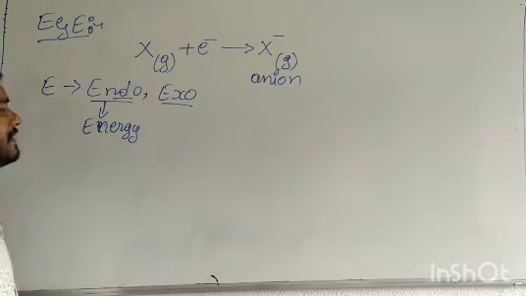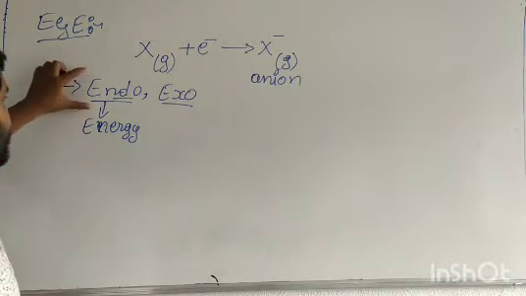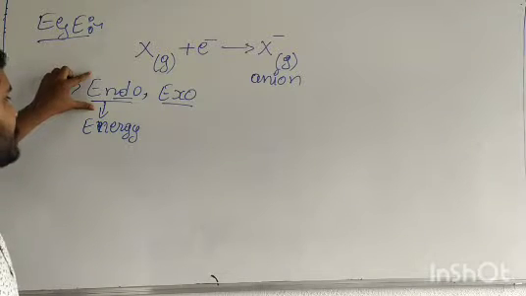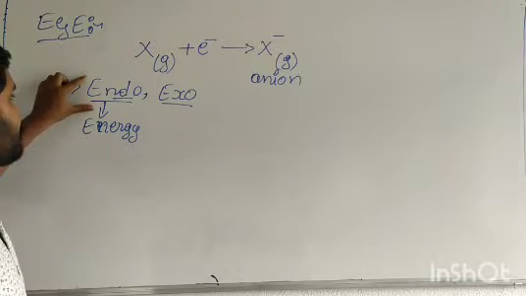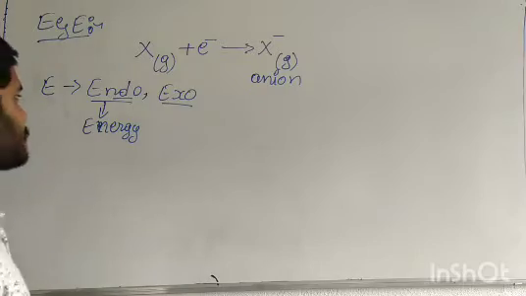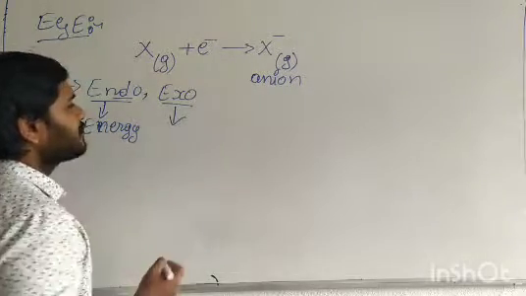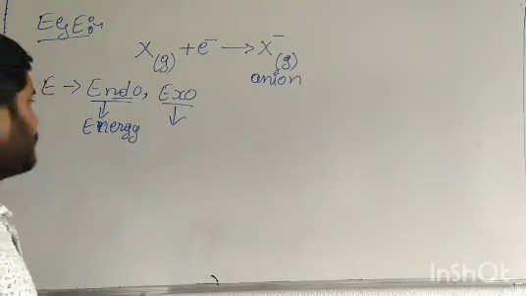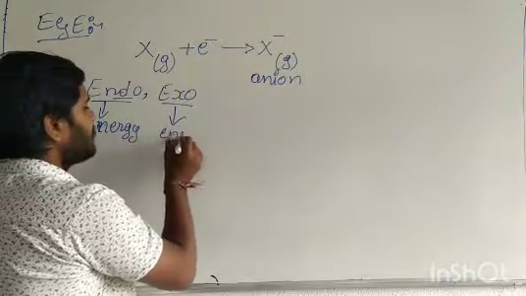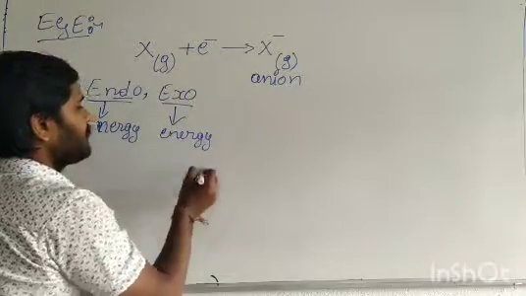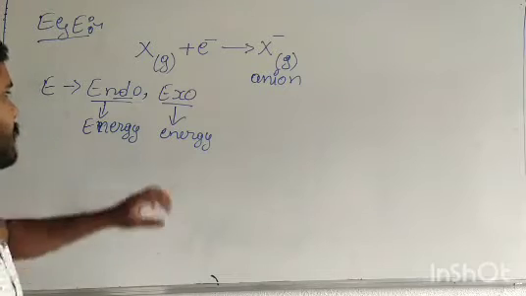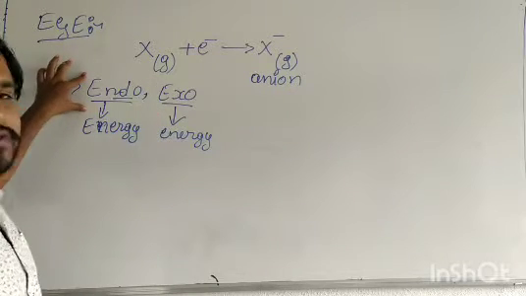Then these are called endothermic reactions. We are supplying some heat energy for these reactions. If the reaction is liberating some kind of heat energy or any kind of energy, then these are called exothermic reactions. Liberation of energy, absorption of energy.